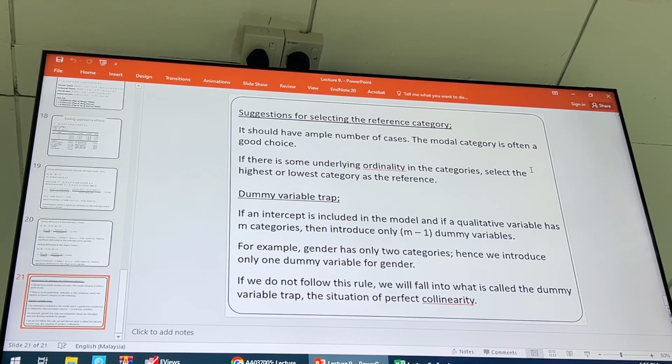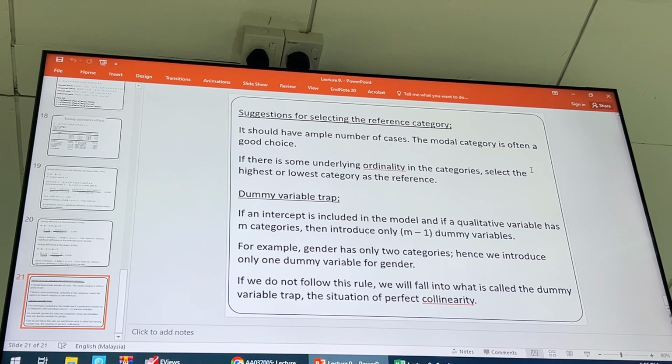Alright, so suggestion for selecting the reference category, it should have ample number of cases. Which one should be used as reference category? The reference category is the category that we do not assign dummy variable. Just now, male and female, we just include dummy variable for female, right?